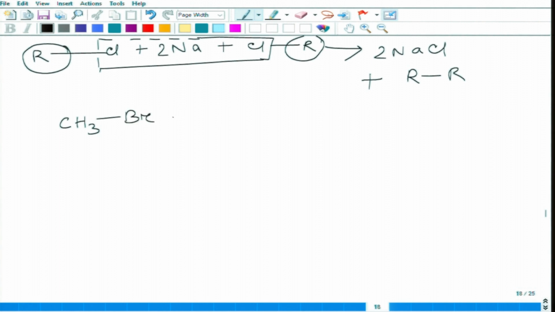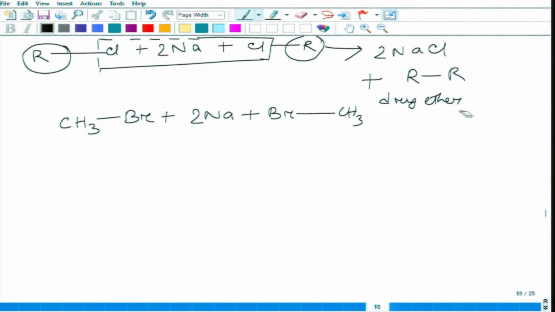Let us say CH3Br, 2 sodium and CH3Br. This will be in dry ether. Okay. This is very important.